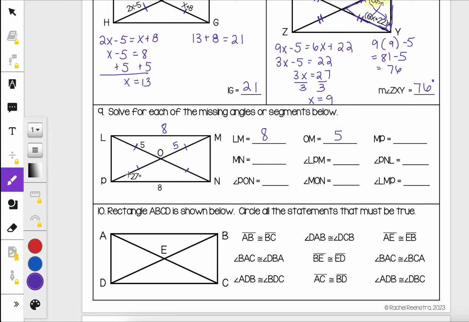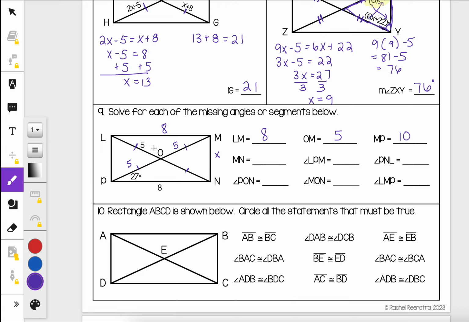Next, I want to find MP, so I want to find this whole segment here. So if OM is 5, OP is 5, and then that whole diagonal is going to be 5 plus 5, or 10. And then finally, I want to find MN.